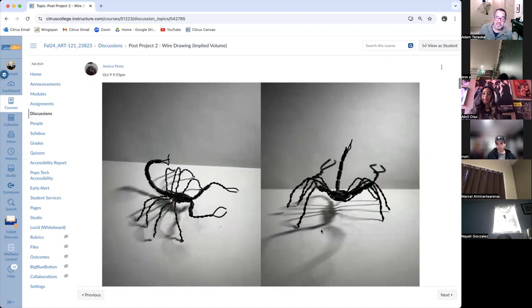Okay, this is even more so, right? You could probably guess that there's some volume in these little shapes, but if I'm looking at this, this is more volumetric than it is implied volume. But the fortunate thing is that it looks really great, right? It's a nice item.